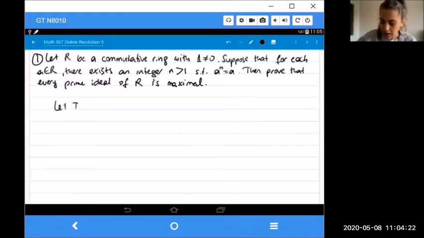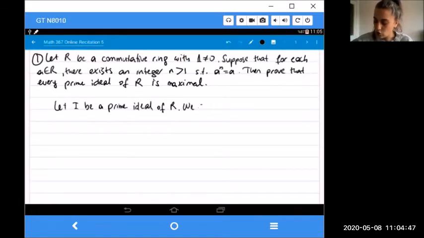Let I be a prime ideal of R, and to show the maximality, we are going to look at the quotient of R by this I, and we are going to show that this quotient ring is a field.